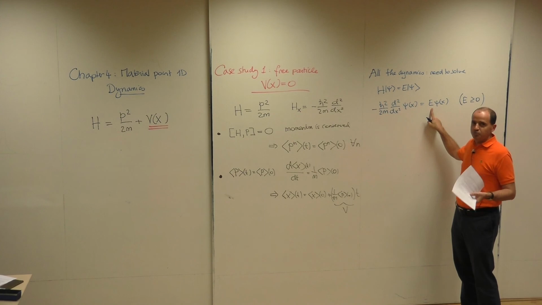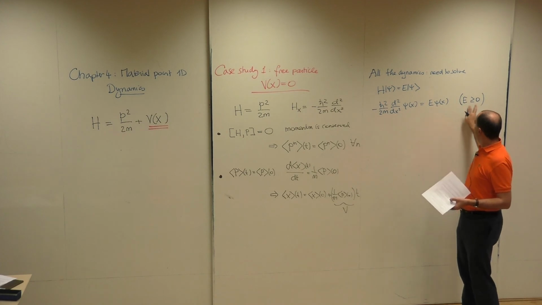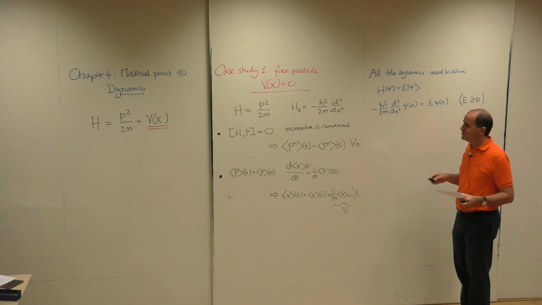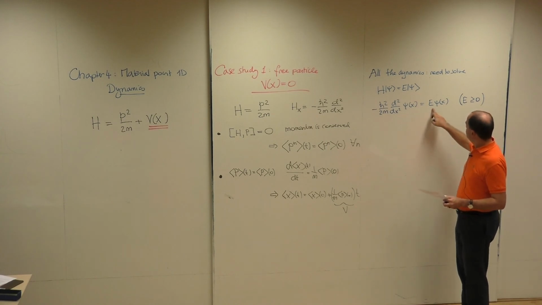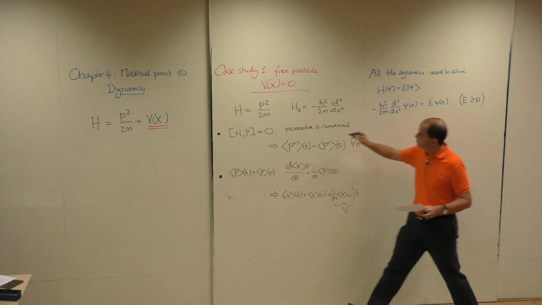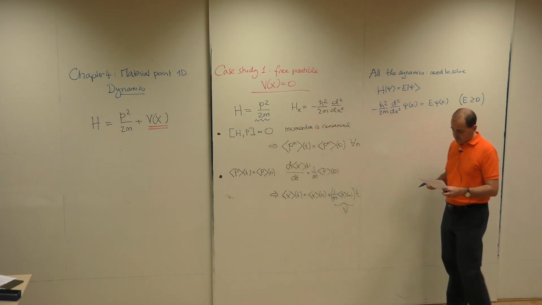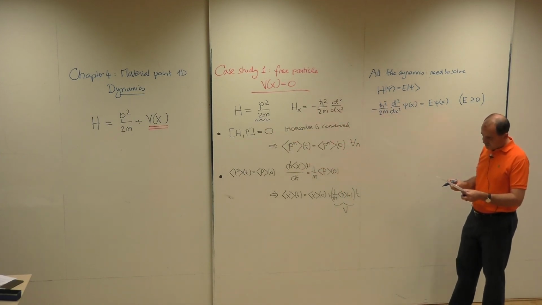But of course, these would not be nice solutions, would not be square integrable functions. Neither are the ones with positive E, but these at least are under control. These are plane waves, right? So I need to impose that E is positive because I know from the beginning that the Hamiltonian is a quadratic operator.